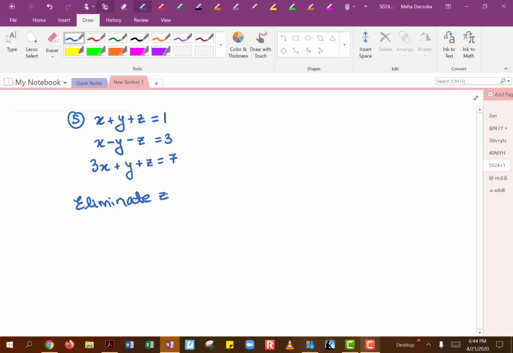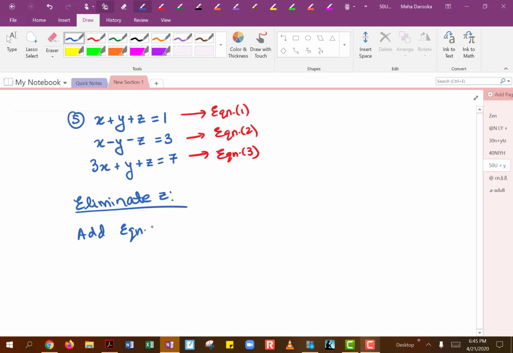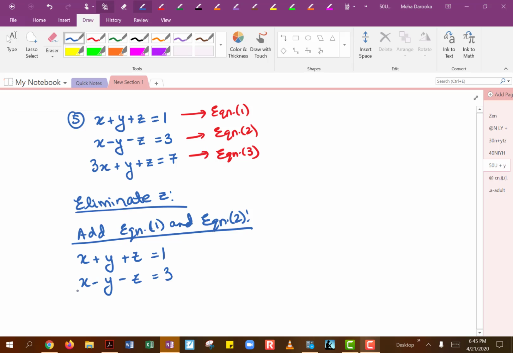the z variable. So again, this will be my equation 1, this is equation 2, and this guy will be equation 3. So how about we go ahead and add equations 1 and 2. Okay, so that will be x plus y plus z equals 1, x minus y minus z equals 3.